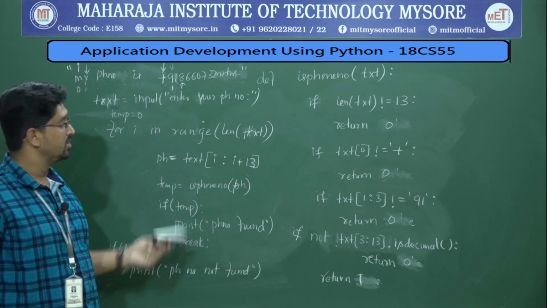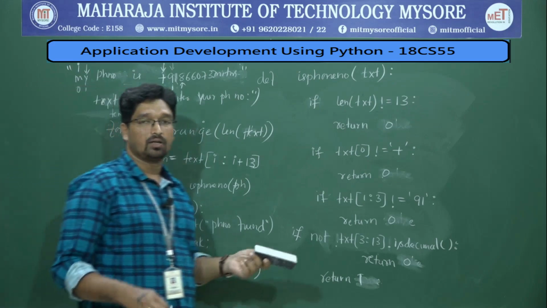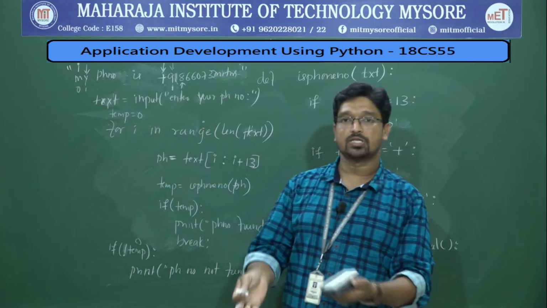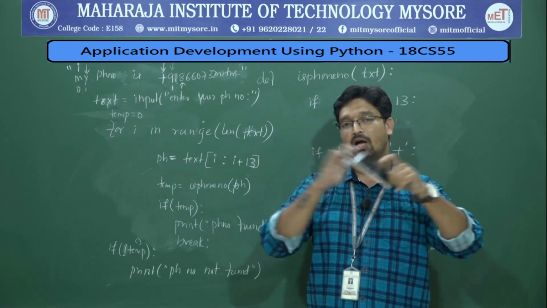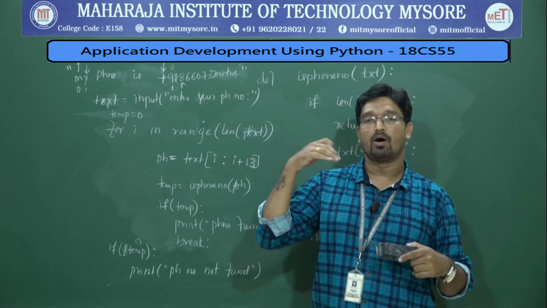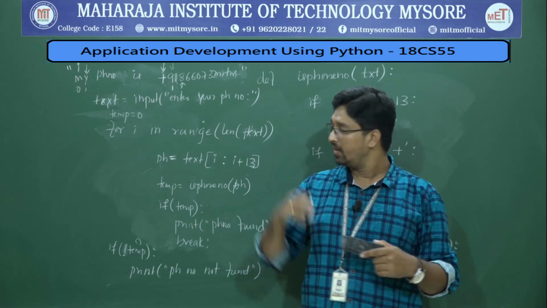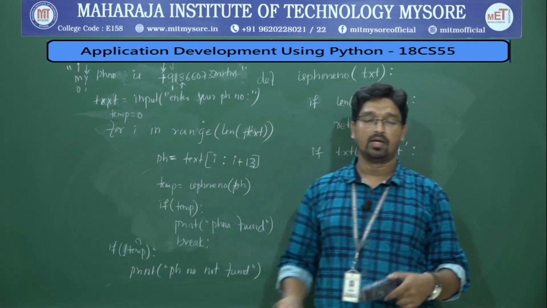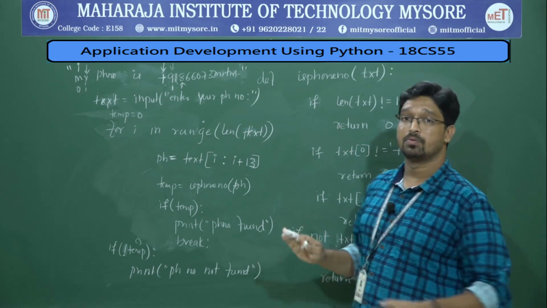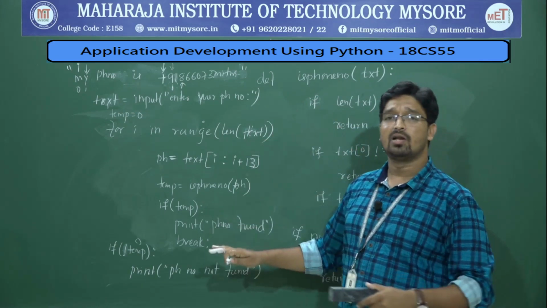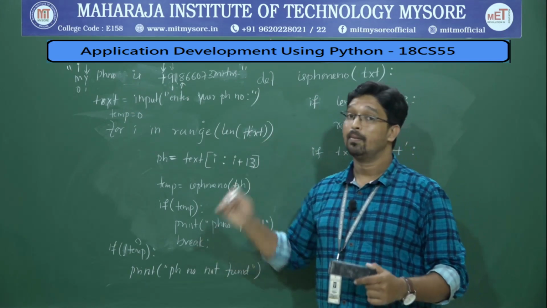Okay, this is the explanation. This is how you make a program to accept any string and check whether that particular string or sentence is made up of some phone number. Again, it is somewhat complicated. This is not a real regular expression. Actually, this is how a regular expression works manually.